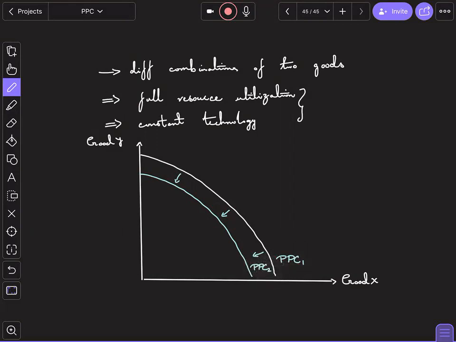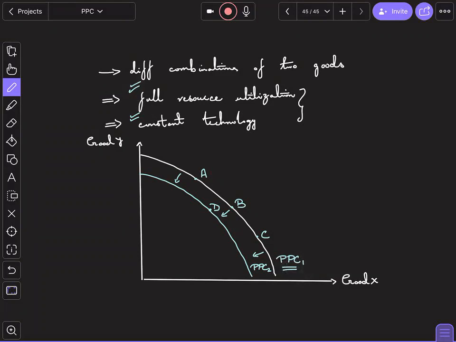So the points, let's say, point D, point A, point B, and point C, they illustrate the different combinations we can produce with full resource utilization and constant state of technology when the economy was at PPC 1.